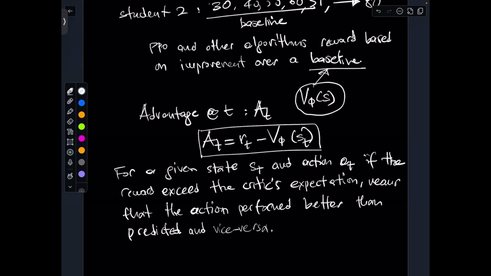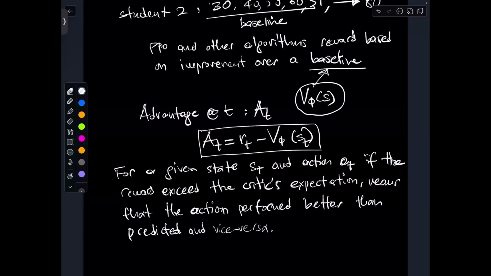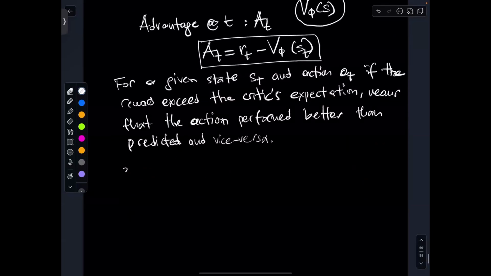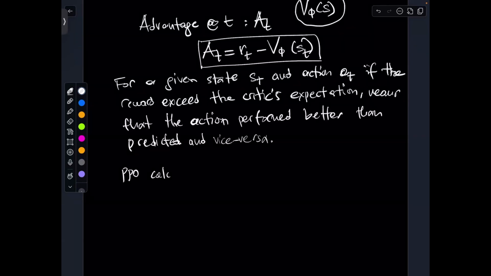Okay, so PPO is an algorithm which is entirely based on this advantage, right? So let me write it down. PPO calculates the A_t, and obviously this A_t calculation is going to be plugged in somewhere, right?